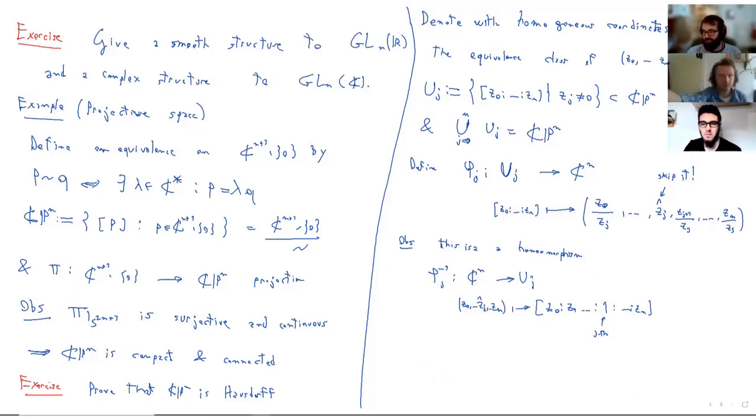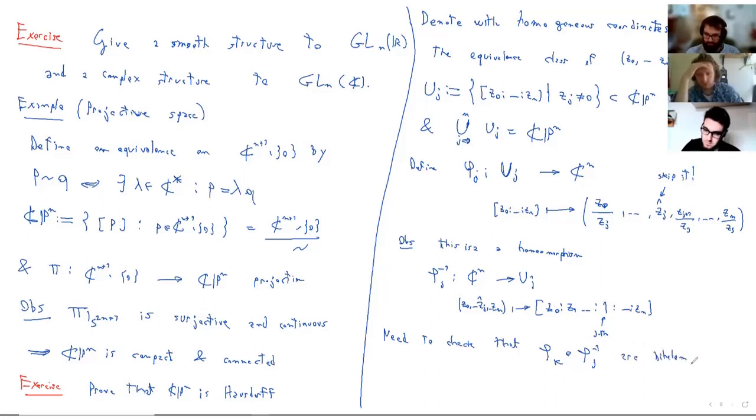And now, to see that this is actually a complex manifold, and to conclude today's lecture, we need to see that the transition of charts is a biholomorphic map. So we need to check that phi k composed phi j inverse are biholomorphisms.